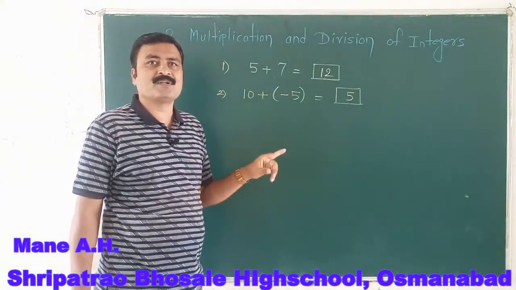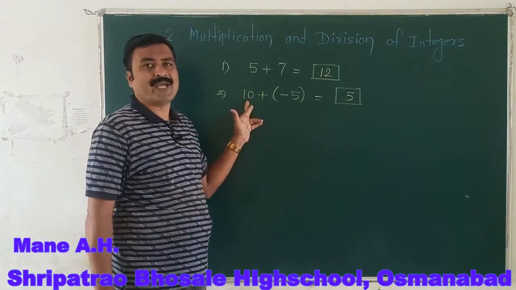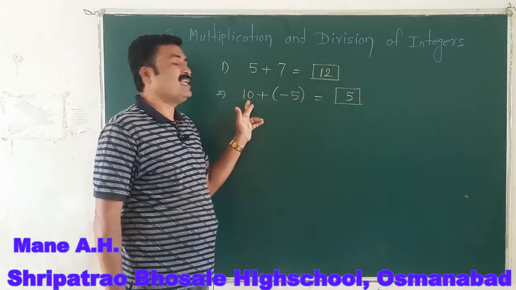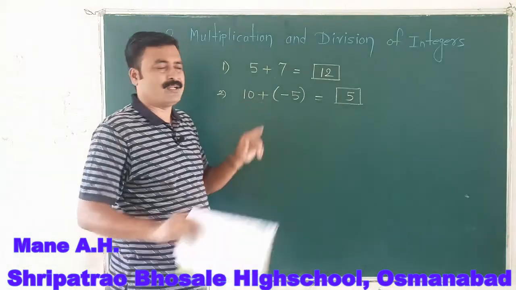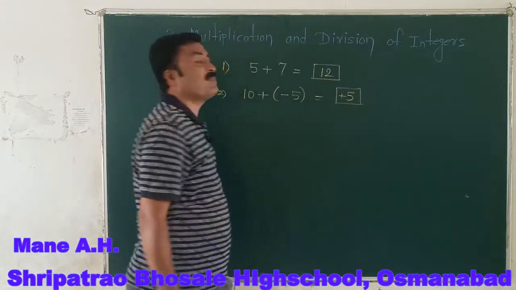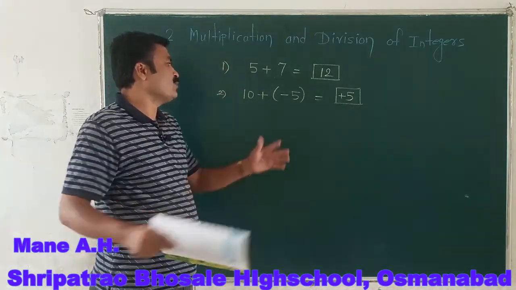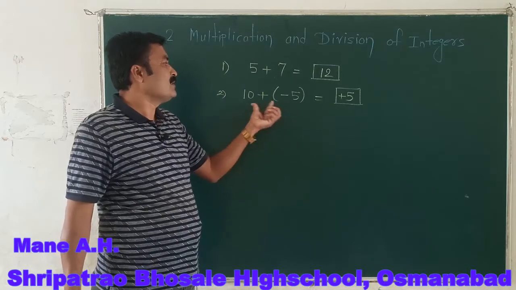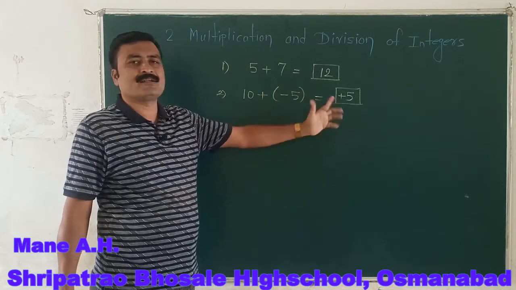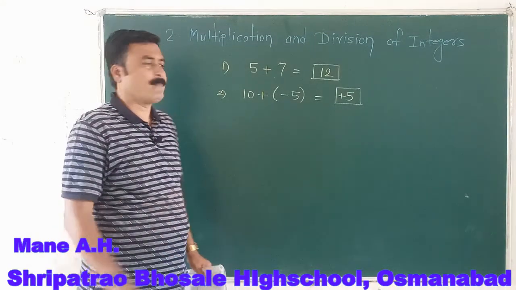Integer 10 has more magnitude and 10 is a positive integer. That means to the final answer we attach the plus sign, that is positive. That means 10 plus, in brackets, minus 5 has the answer plus 5, or simply 5.